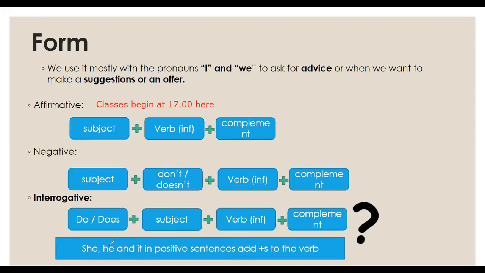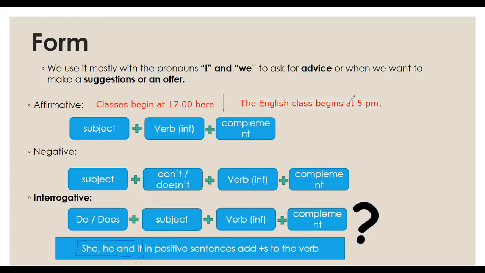But this can change because in the positive, if we are using she, he, or it, the verb is going to change. If I use a singular, it, I can say, for example, the English class begins at 5.